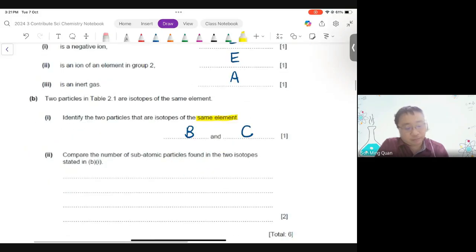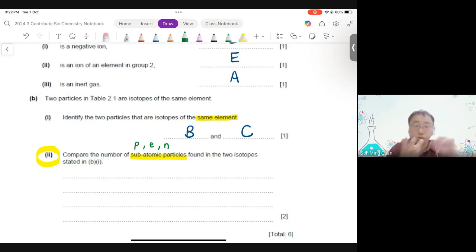Okay? Now, B part 2 is the type of question that you struggled with in prelims. Many of you didn't understand what was meant by describe the differences between the atomic structures of isotope this and that. So when we ask you for atomic structure, like in this case, subatomic particles, what do we mean? Subatomic particles is basically your proton, electron, neutron, right?